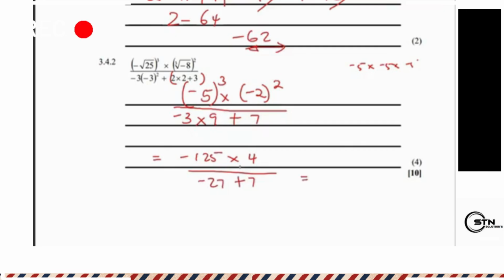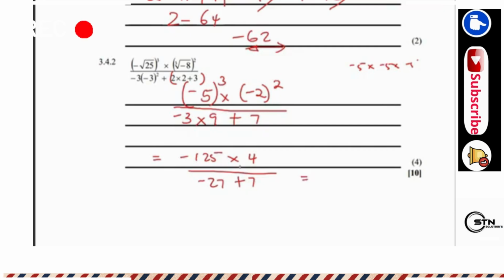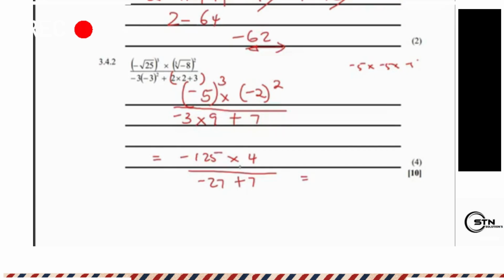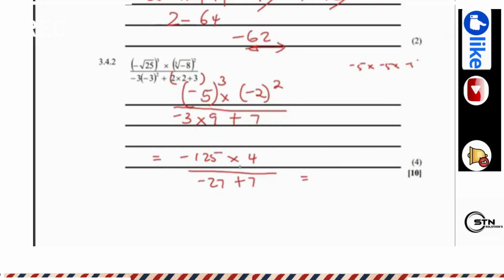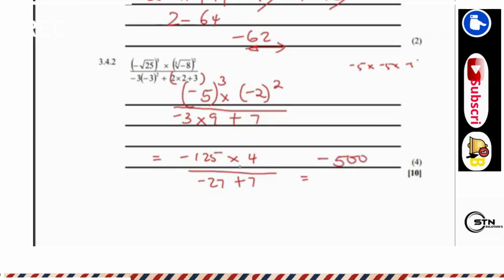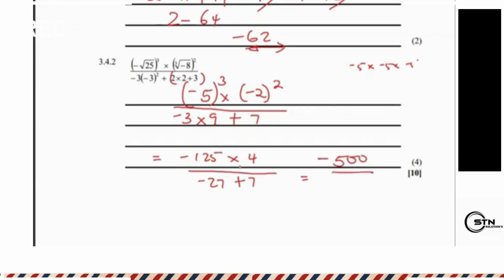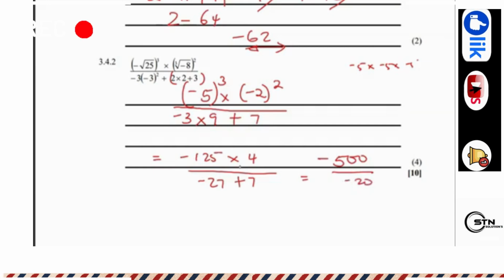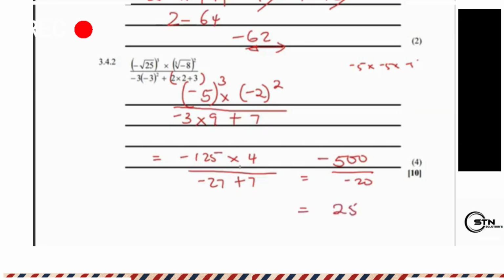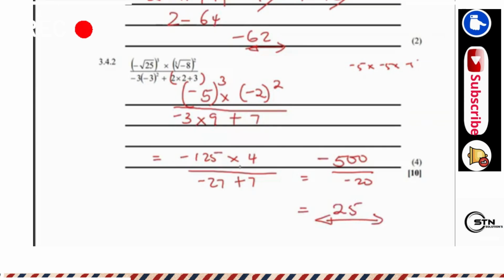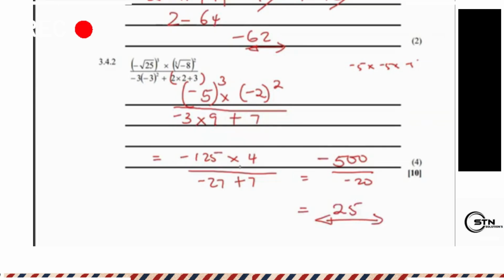Now, if we have -125 4 times, it's going to be 500. It's going to be a negative, but 500 over this is going to be -20. So negative and negative, we get a positive answer. The 2's cancel, which means our answer should be just the 25. So that's how we would have attained the 4 marks.